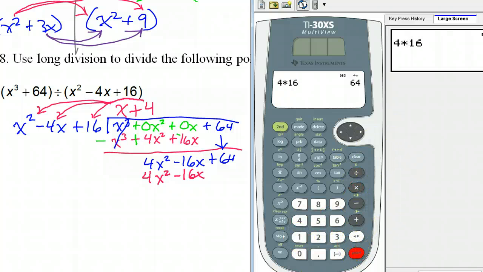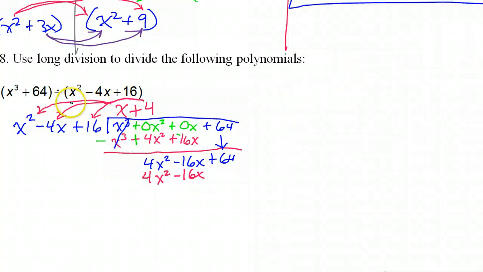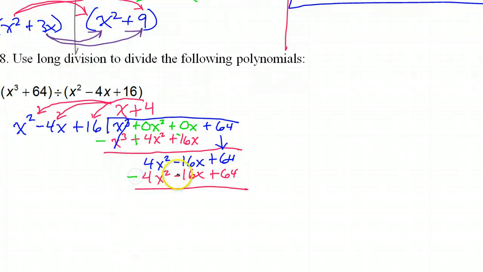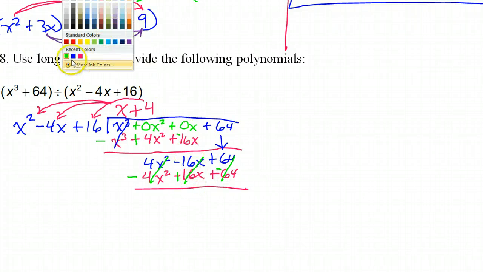Look at that. So of course we subtract by changing the sign. So I'll have minus, plus, and minus. But look, all three of these are opposites. Cancel, cancel, and cancel. So I will have 0 remainder.